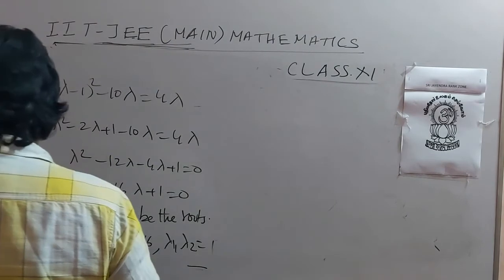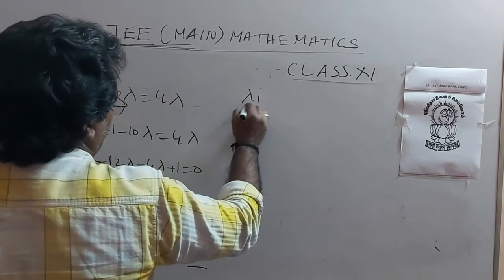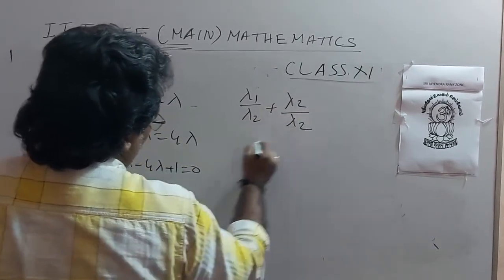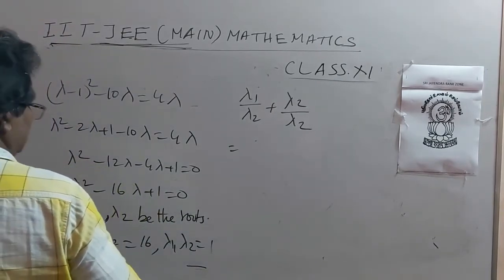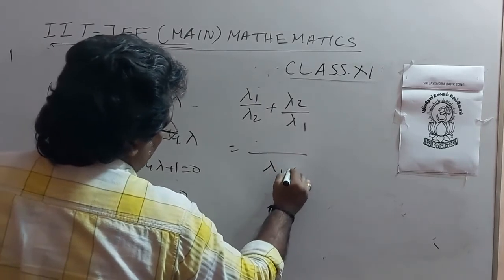So we have to find lambda 1 by lambda 2 plus lambda 2 by lambda 1. Take LCM lambda 1 lambda 2.